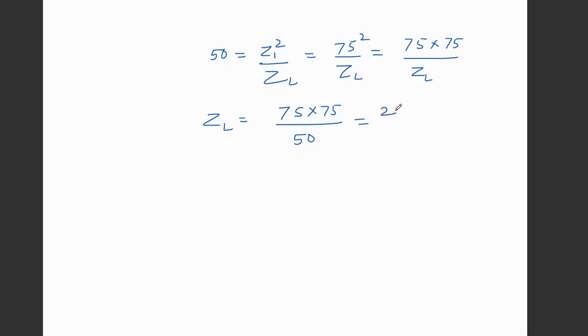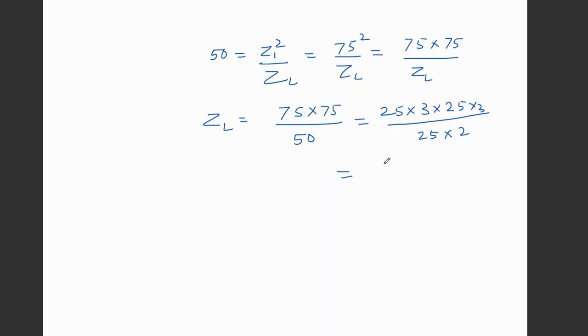This can be written as 25 into 3 into 25 into 3, divided by 25 into 2.